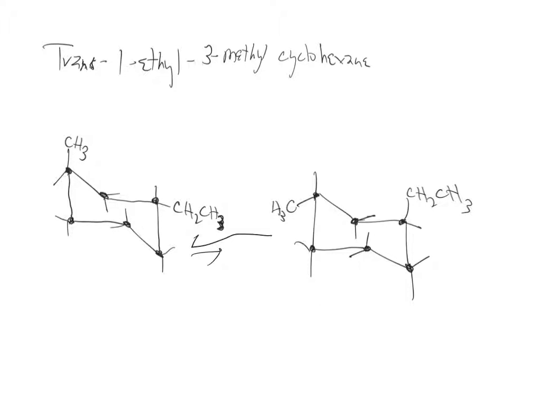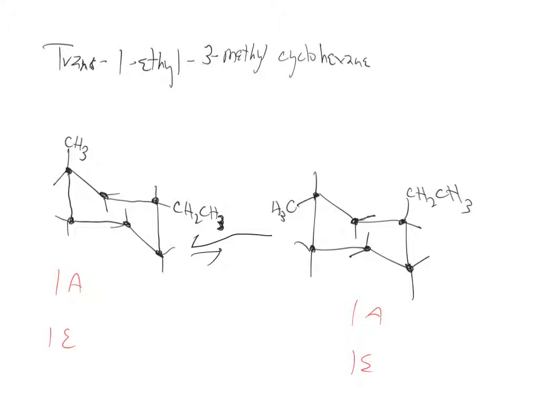And why is that true? Remember I told you before, we had one axial, one equatorial, one axial, and one equatorial. But why is it that these are not the same? What makes them not the same in energy? The size. The two groups are not the same size. It'd be true, if this was trans-1,3-diethylcyclohexane, then they would be equal.